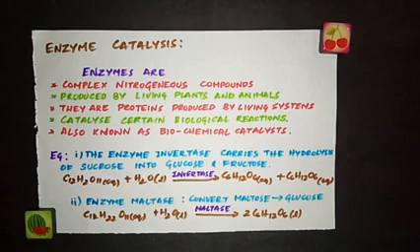To understand how important these enzymes are, I'll give you some information. There is an enzyme lysozyme which is present in the tears of our eyes, and this enzyme protects the surface of the eye from bacterial infection. This enzyme catalyzes the breakdown of the cell walls of certain bacteria. Once the cell wall of the bacteria is removed, the bacterial cell breaks, so your eye is protected from bacterial infection.